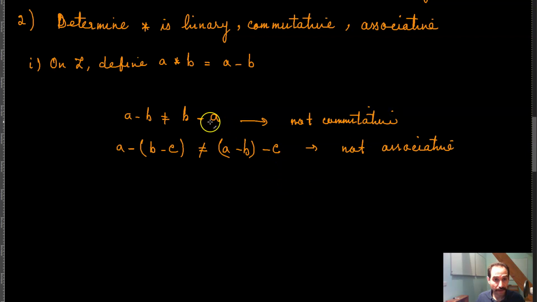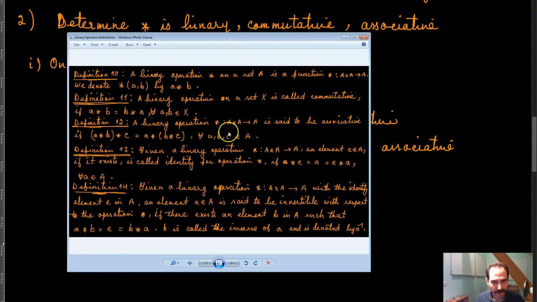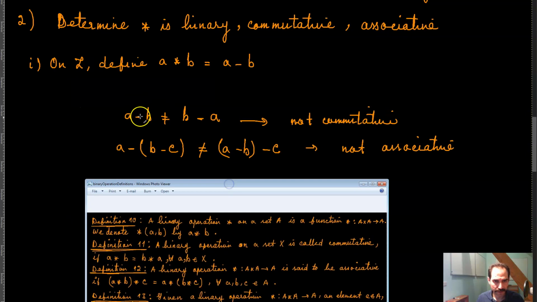Okay. Now, to remember what we said about commutative and associative, let's read the definitions one more time. A binary operation on a set X is called commutative if A star B is equal to B star A for every A and B belonging to X. So this is not commutative.